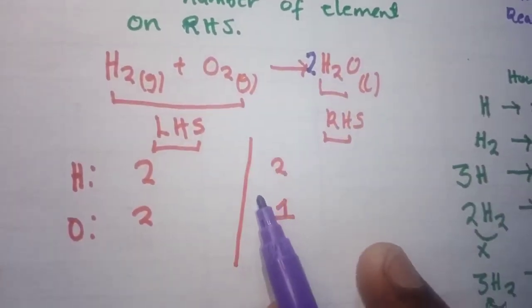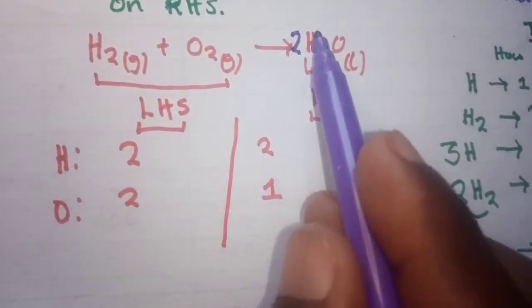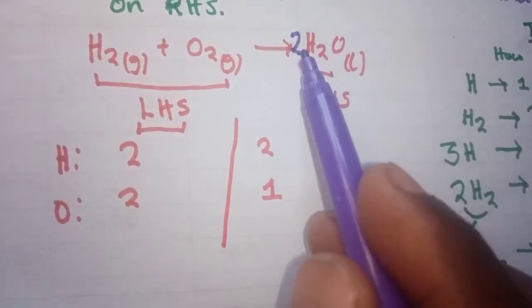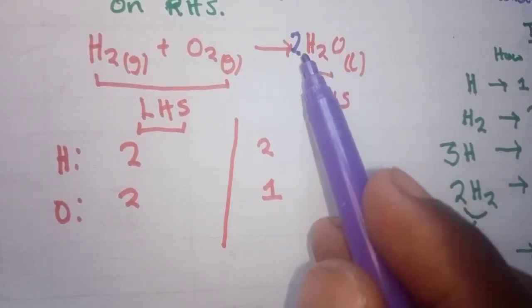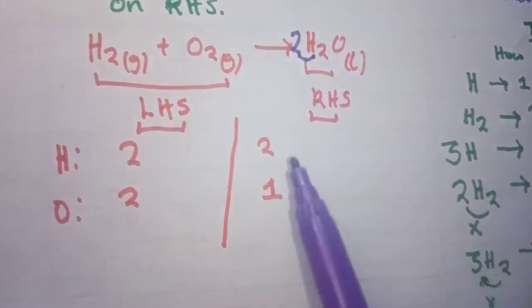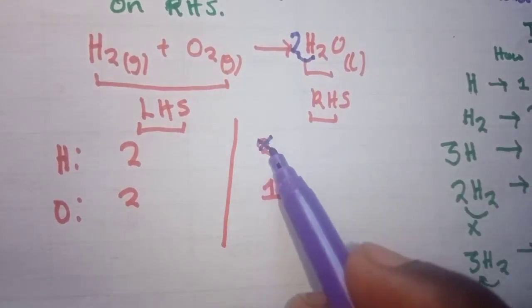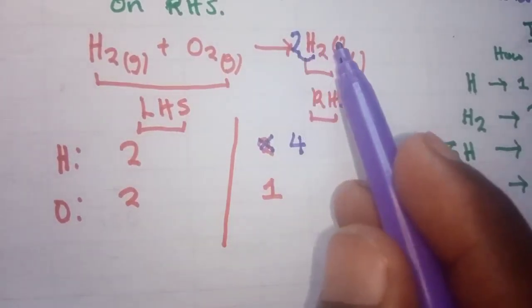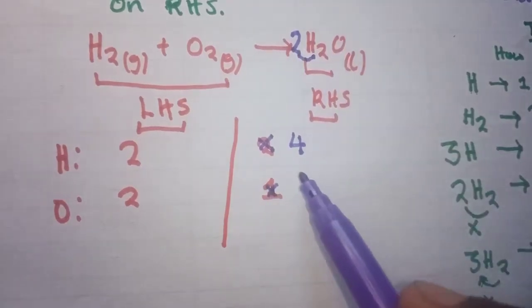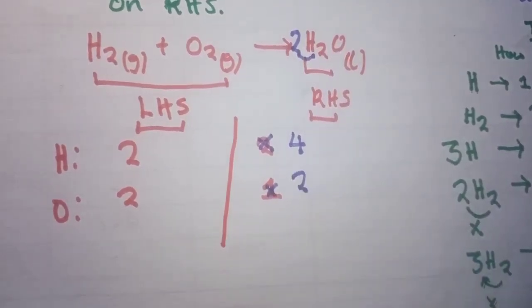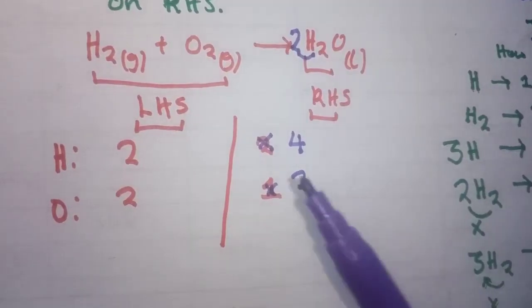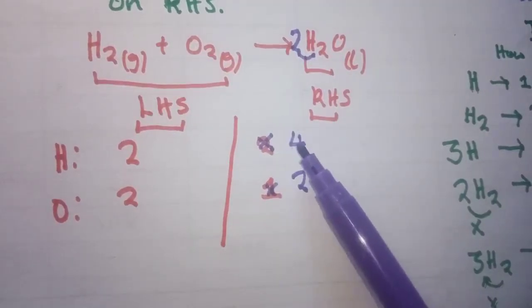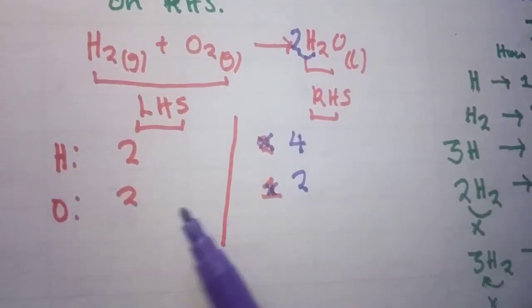When you put a 2, your hydrogen atoms are now 4 because you need to multiply, and this 2 also multiplies the oxygen, so the oxygen atoms are now 2. So this side you have 4 hydrogen atoms and 2 oxygen atoms.